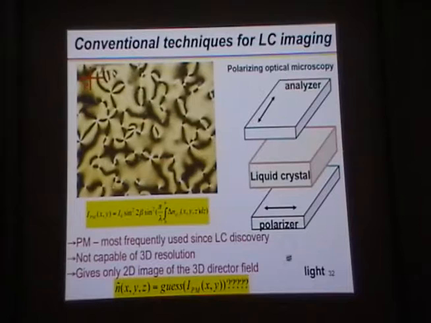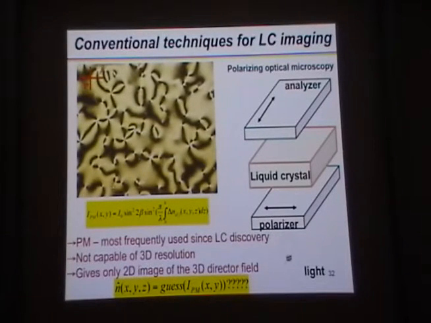And so the reason you have this variation of intensity transmitted through the sample between crossed polarizers is because the liquid crystal is an optically anisotropic material. I mentioned already that from the optics standpoint, a liquid crystal is a uniaxial or biaxial crystal.